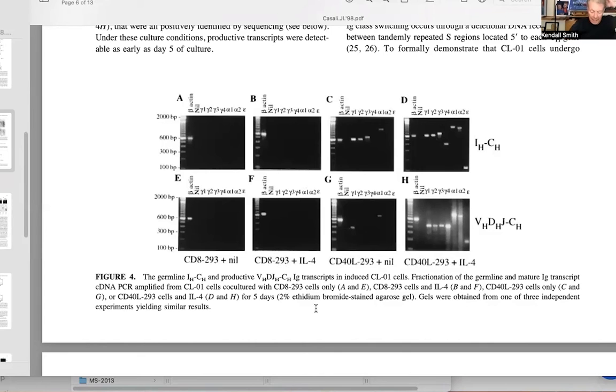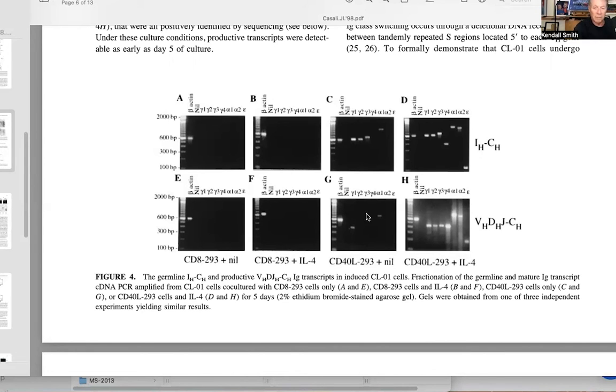So in A and E, we've got the negative control, A here and E here. There are no germline transcripts. And here, if we add interleukin 4, there's no germline transcripts.